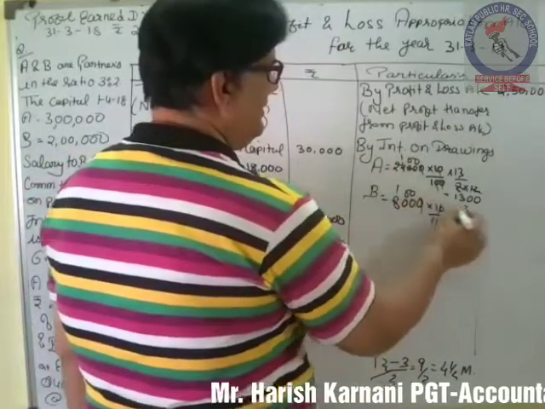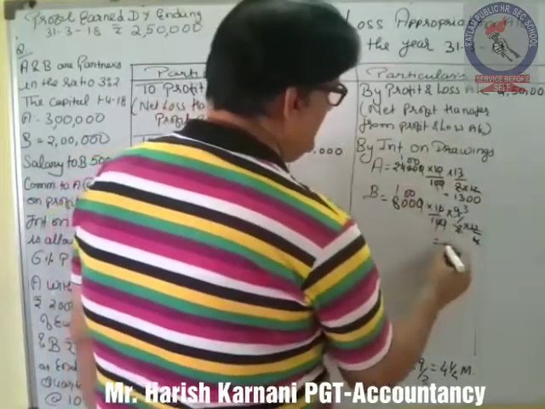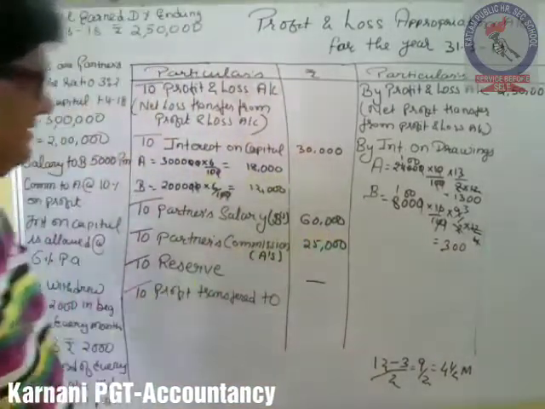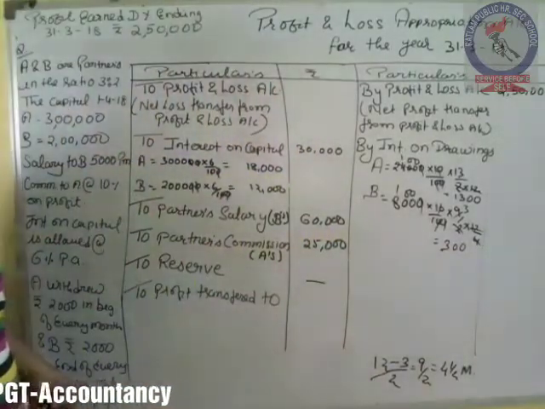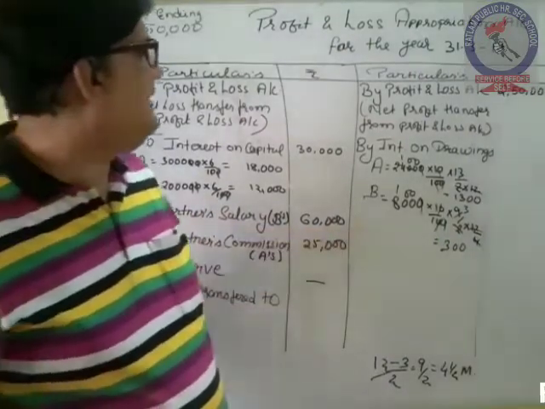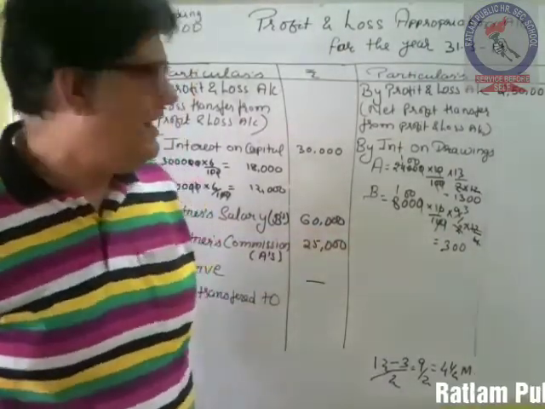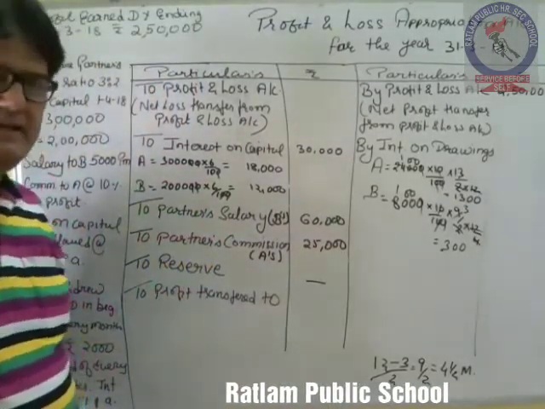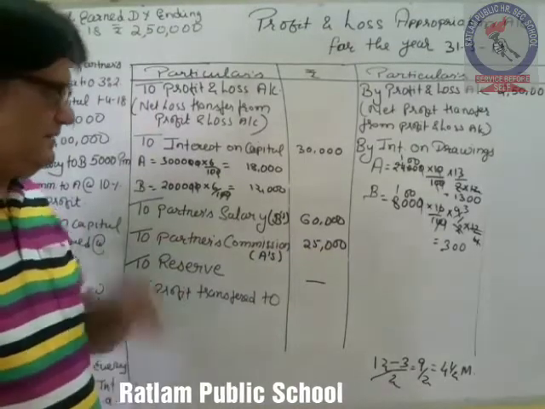Everything is gone, so 100 into 3, that becomes 300 rupees. So 300 rupees is the amount which we will be charging as interest from Mr. B, 10% of 8,000 rupees for 4.5 months.